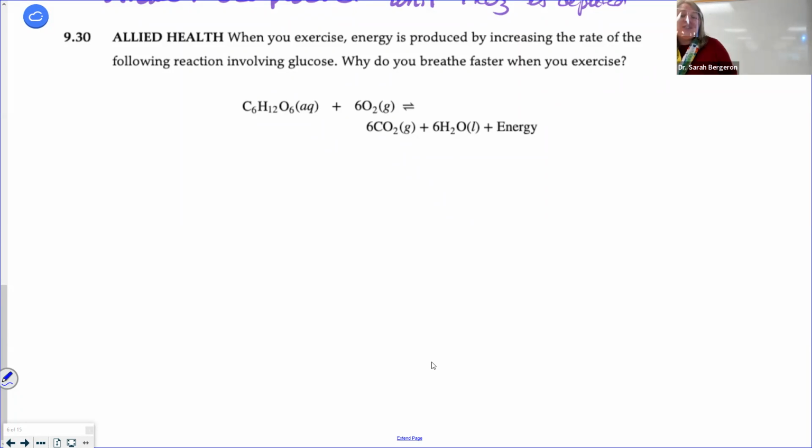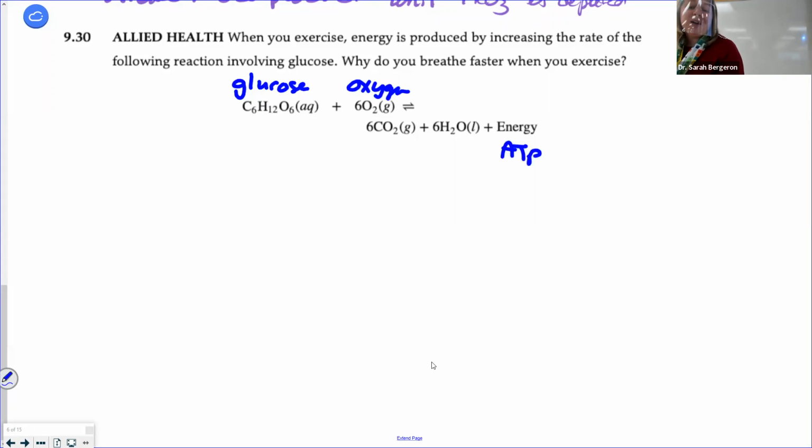So we know that this is the equation for cellular respiration, right? In cellular respiration, our bodies use glucose and oxygen to make energy in the form of ATP.